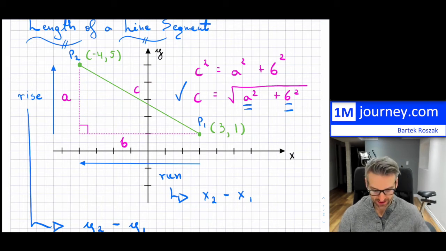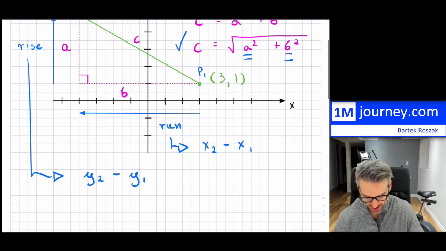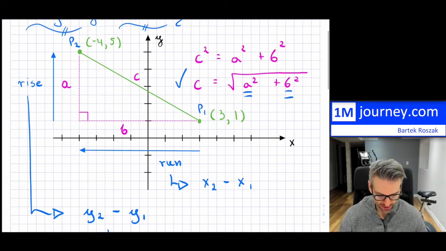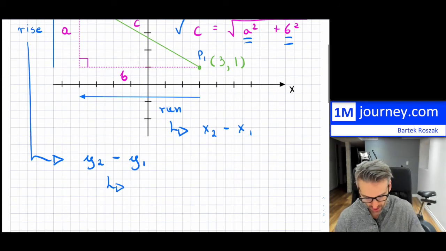So let's do that. For this particular line segment, if I take my y2 minus y1, in this case I have 5 minus 1, so it's equal to 4.